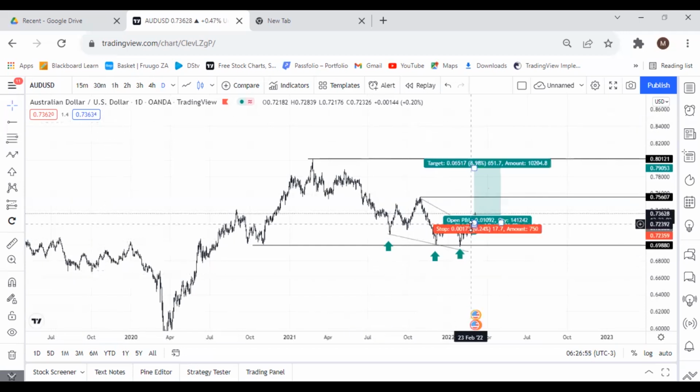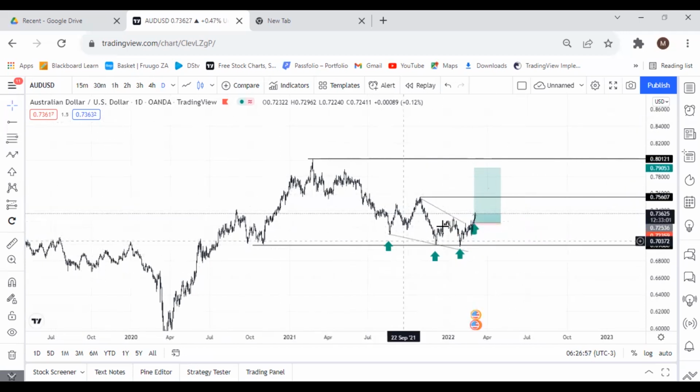So I think that is one thing that will influence the price to go back up, and from an uptrend during this whole situation of the war.